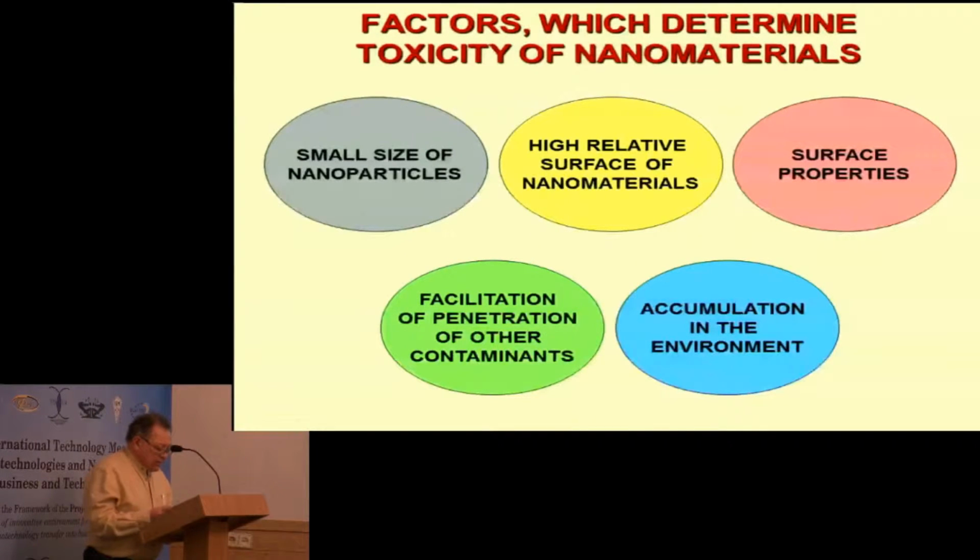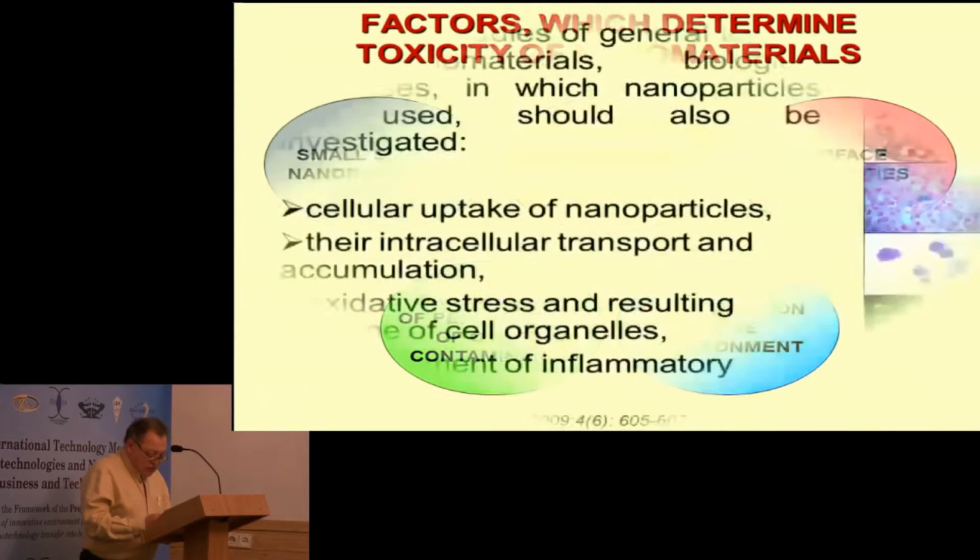So before we study the toxicity of nanoparticles, one should define the factors that determine the toxicity of such materials. First of all, it is small size, large relative surface, facilitation of penetration of other contaminants inside the cell, and accumulation in the environment.